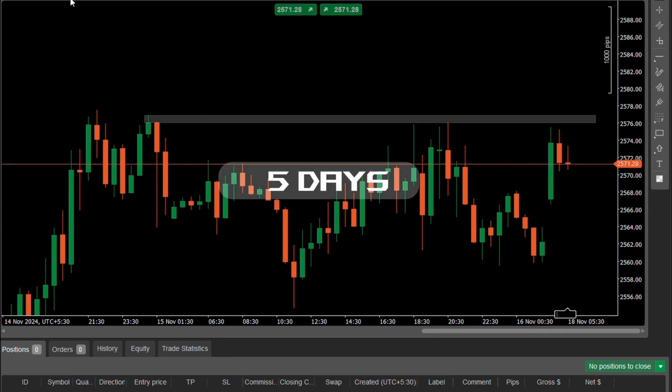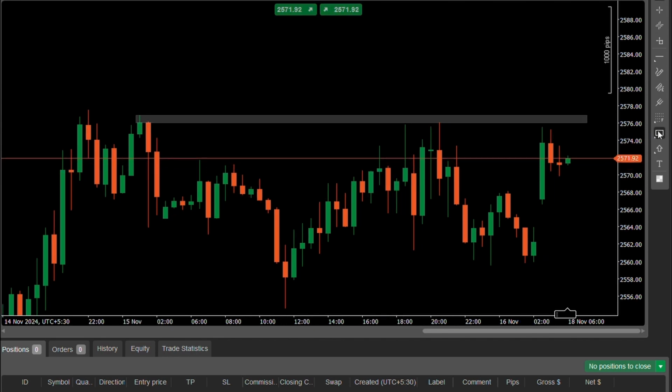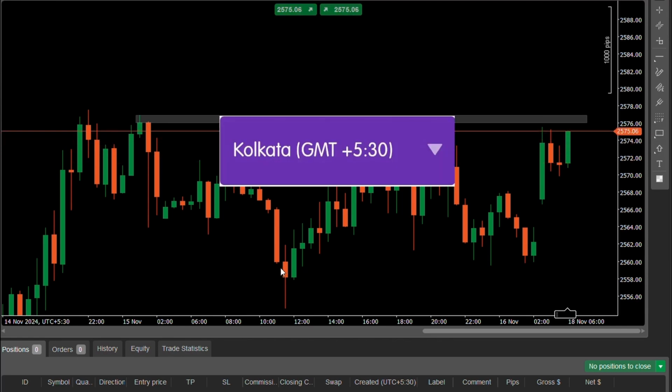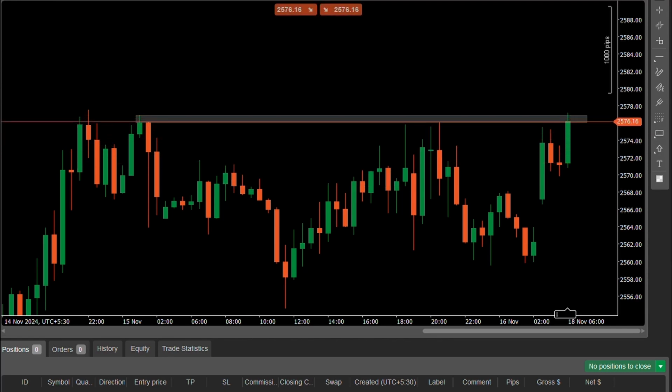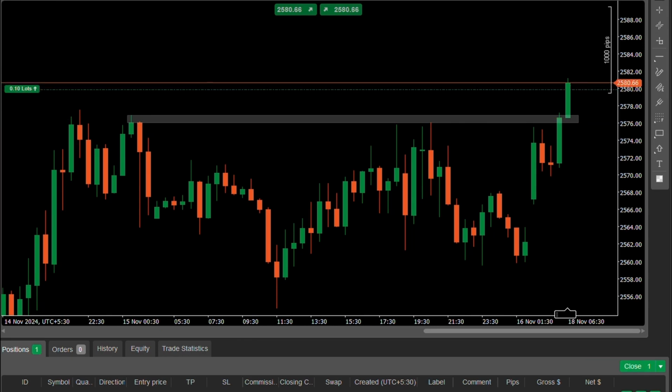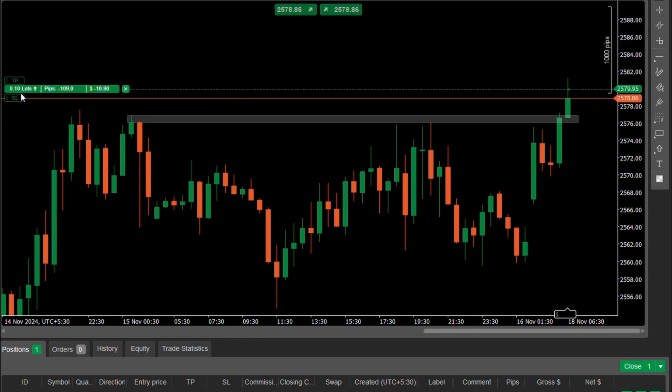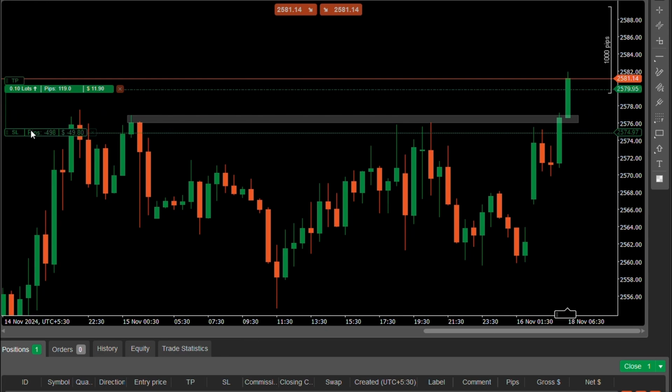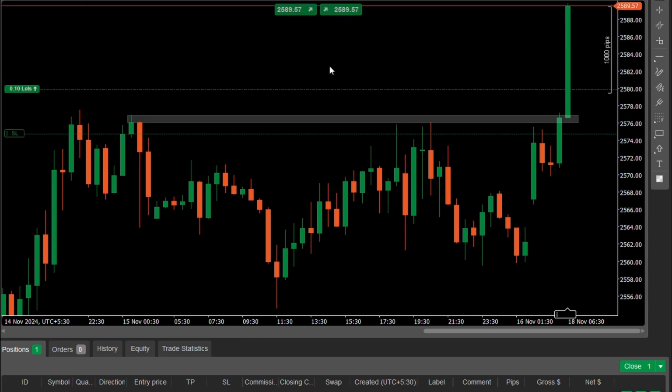5 days a week, the market opens on Sunday at 10 pm Greenwich Mean Time, no matter where you're located. Let me just take India as an example. In India, my time is GMT plus 5:30. So the market opens at 3:30 am, after midnight on Monday, and it closes on Saturday at 3:30 am when the New York session closes.